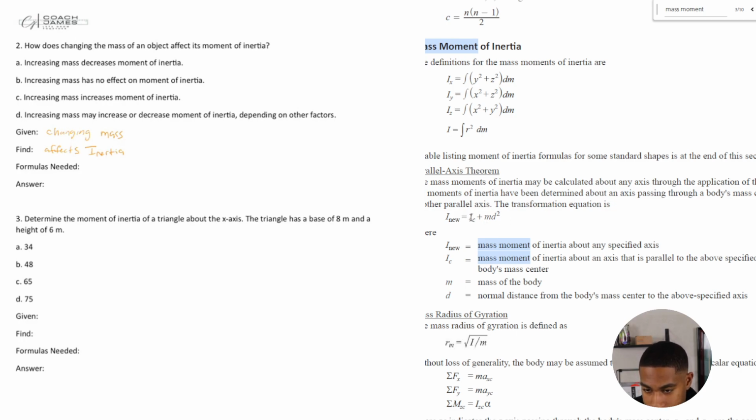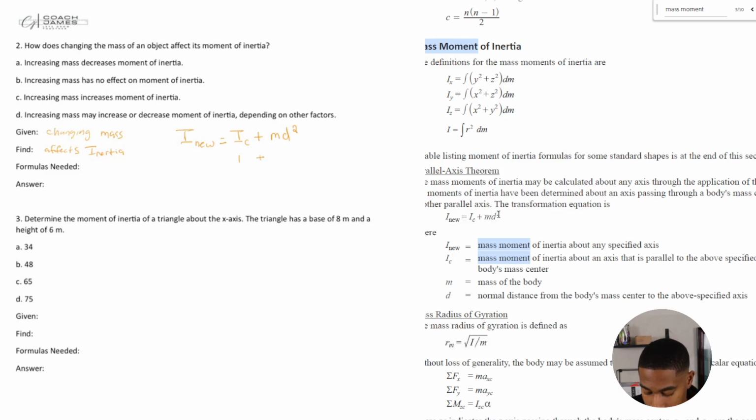Well, if I keep everything the same and I increase the mass, so we'll say I new is equal to I_C plus M D squared.